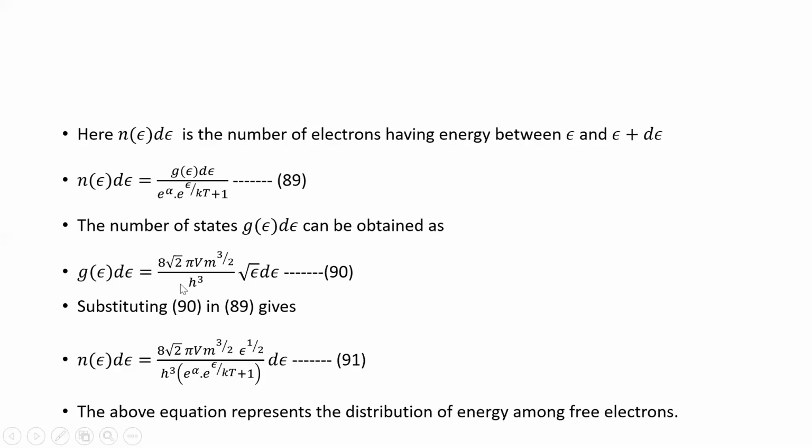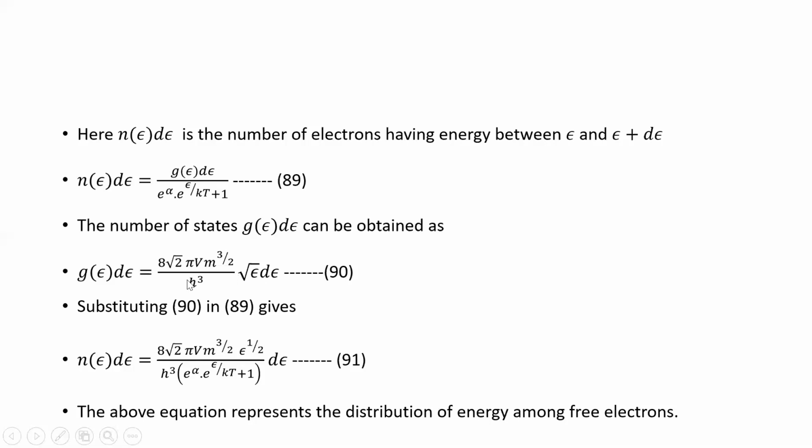This expression can be derived, and the derivation of this equation is given in the appendix of the lecture notes. You may refer to the lecture notes for understanding the derivation of this equation.